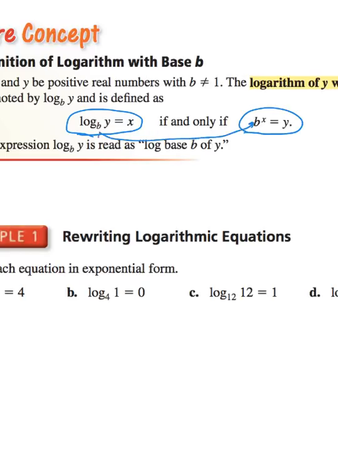The other important thing to remember, and this is part of the properties of logarithms, is that whatever the log equals is the exponent. So you'll notice that log base b of y equals x. x is the exponent. Therefore, it ends up over here.